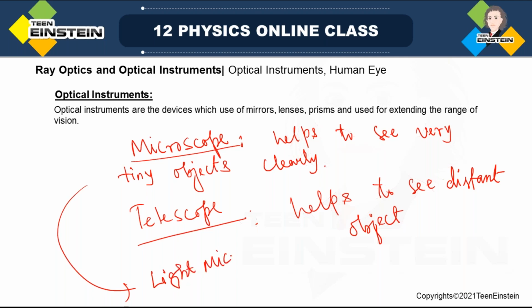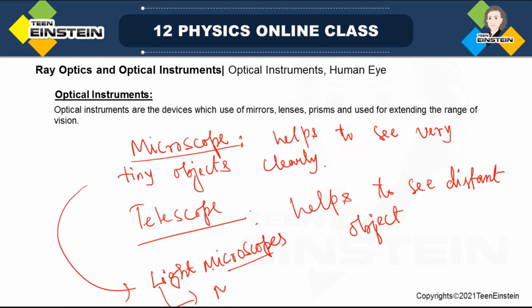Light microscopes are already there, but modern science has advanced far better, and nowadays we use electron microscopes and compound microscopes.